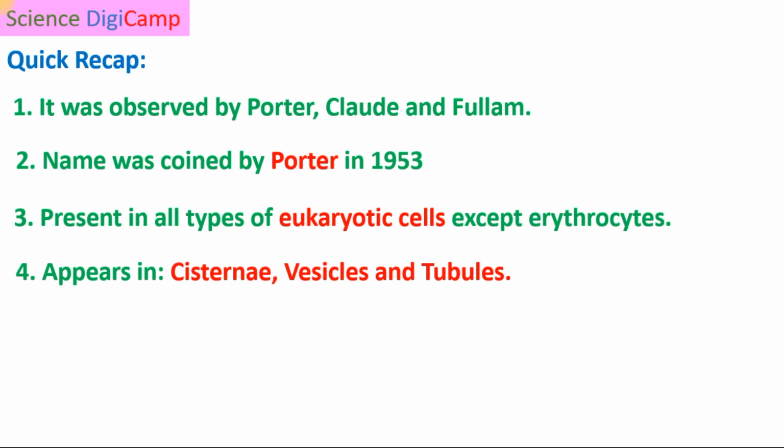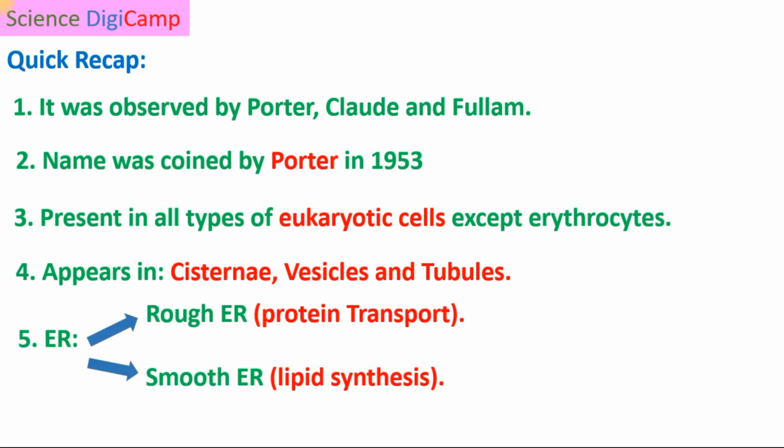These three forms may occur in the same cells or in different cells. Endoplasmic reticulum is classified into two types. First one is rough ER, which is involved in the transport of proteins, and the second one is smooth ER. This is involved in lipid synthesis. And this is all about endoplasmic reticulum.